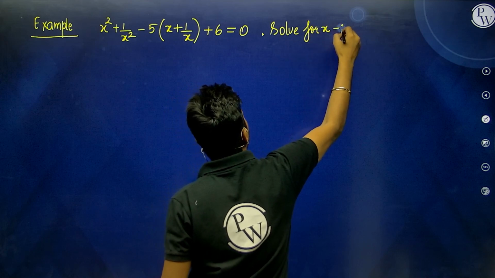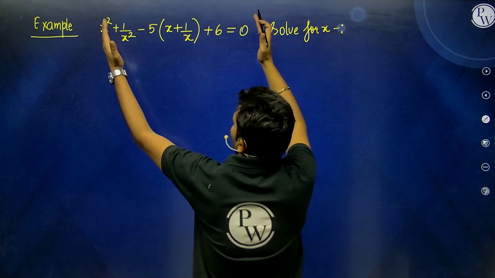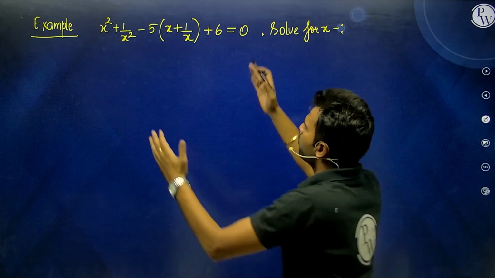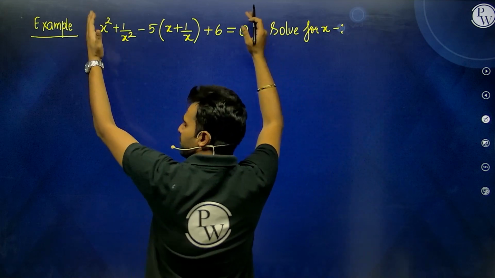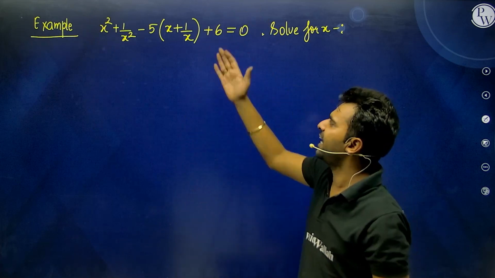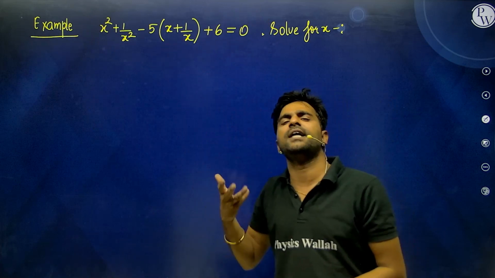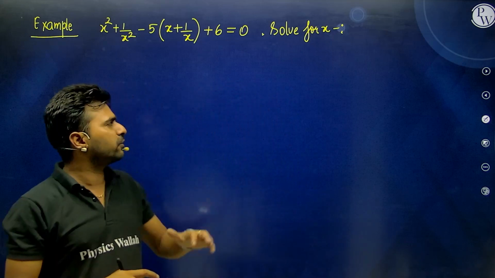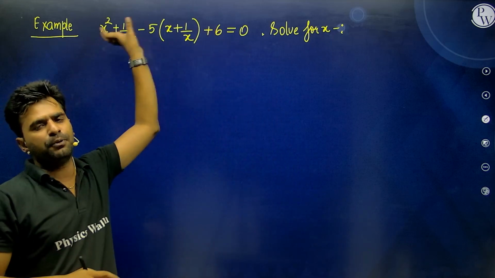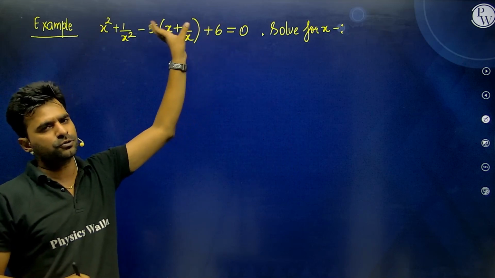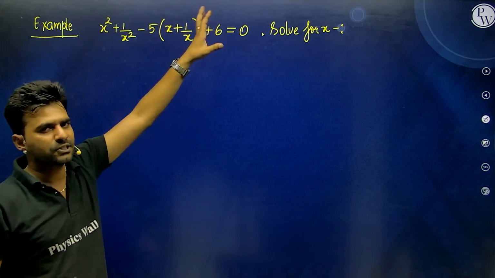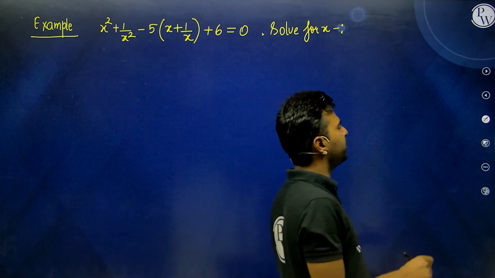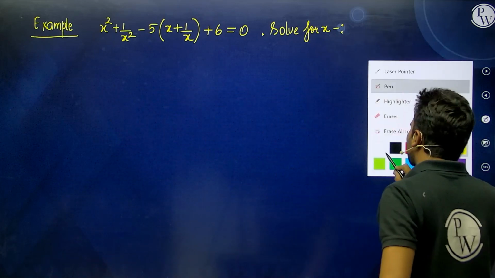What I need to find out is the values of x which satisfy this equation, or the roots of this equation, because those values of x which satisfy this equation are known as roots of this equation. Or we can say we need to find the solutions, that is, the possible values of x in order to get this equation solved. Solutions, roots, or the values of x satisfying the equation, all are the same things.